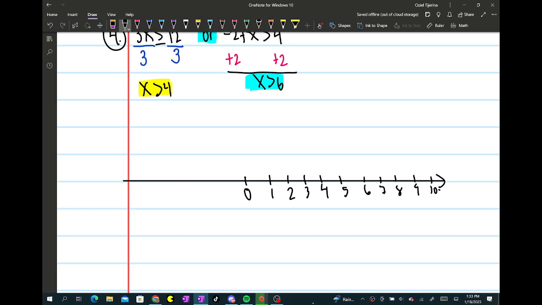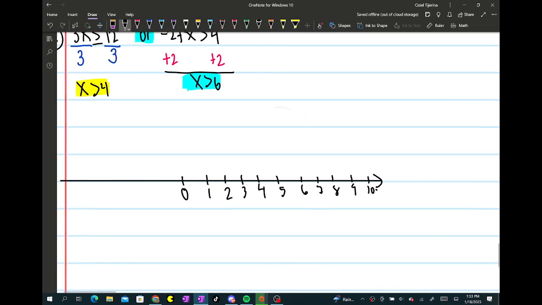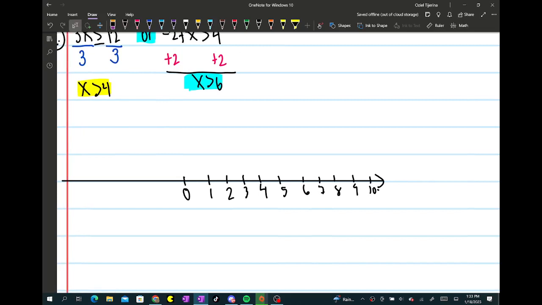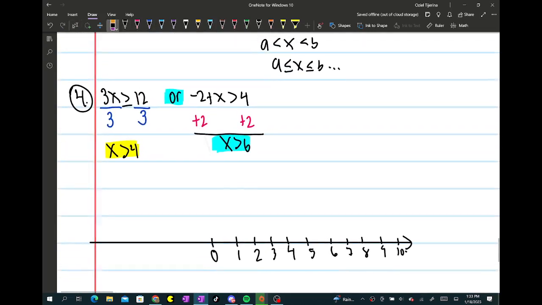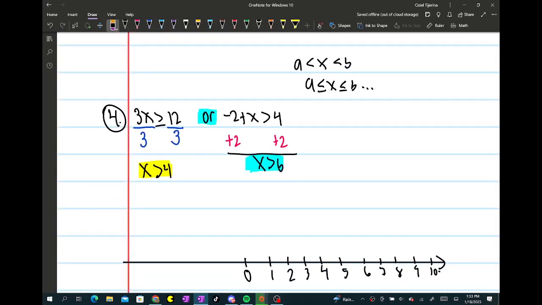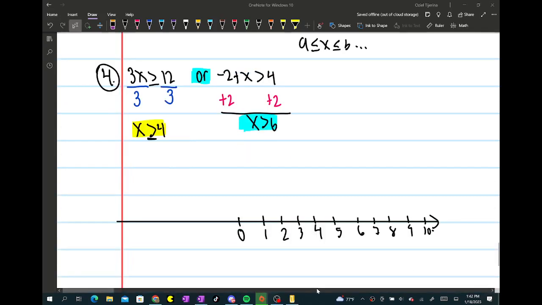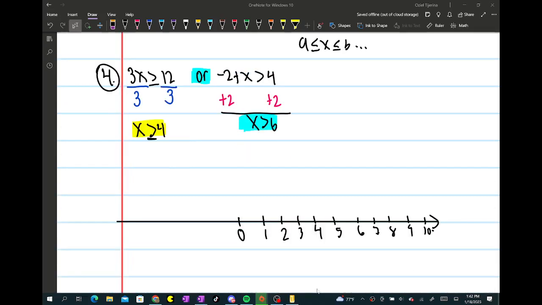Okay, so then we have x is greater than 4, or I'm sorry, x is greater than or equal to 4. So it's like this. Okay, so here's the thing. We have x is greater than or equal to 4, and x is greater than 6.